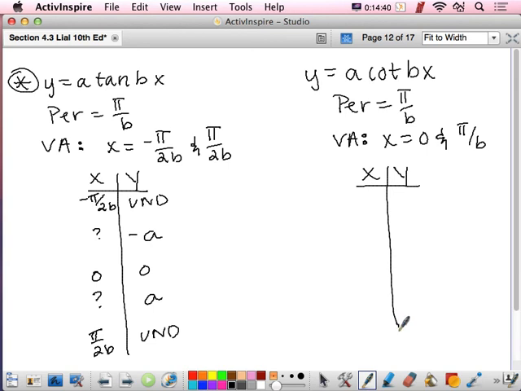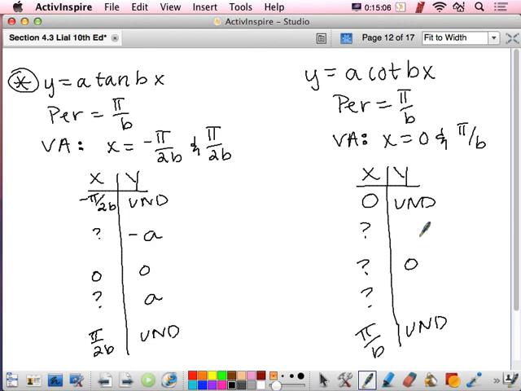The table for cotangent starts at 0, just like sine and cosine, goes to the period, just like sine and cosine. And then these are your halfway marks. You just have to go in and find those. There's no set for those. They could be anything. These two y values are undefined because they're your vertical asymptotes. The center, just like for tangent, is 0.